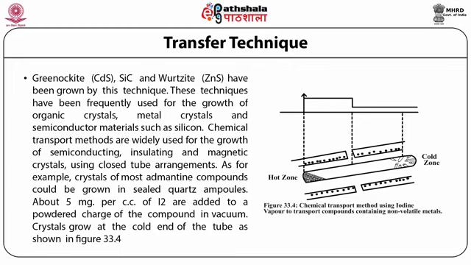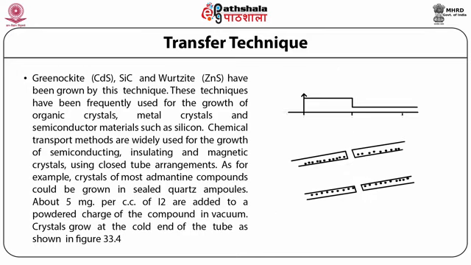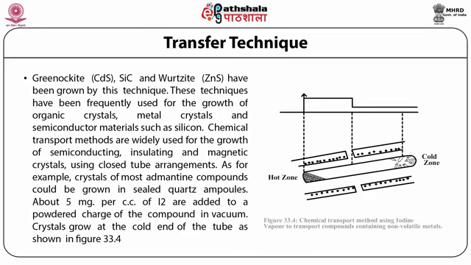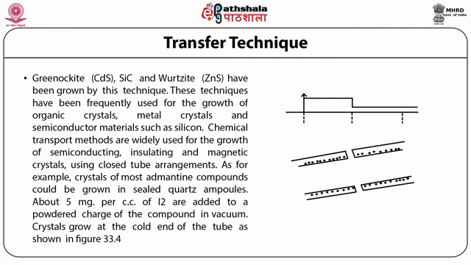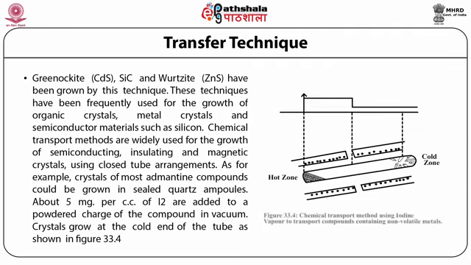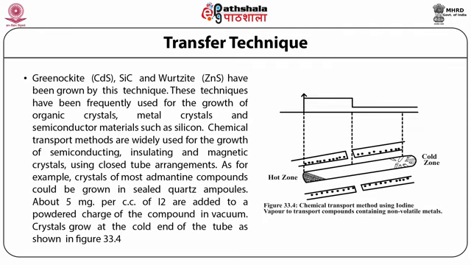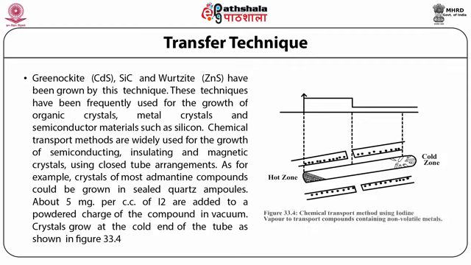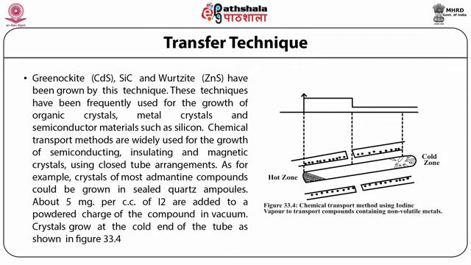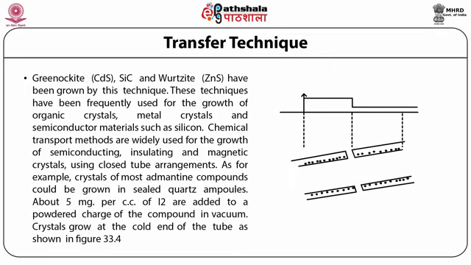Chemical transport methods are widely used for the growth of semiconducting, insulating, and magnetic crystals using closed tube arrangements. As for example, crystals of most adamantine compounds could be grown in sealed quartz ampoules. About 5 mg per cc of I2 are added to a powdered charge of the compound in vacuum.